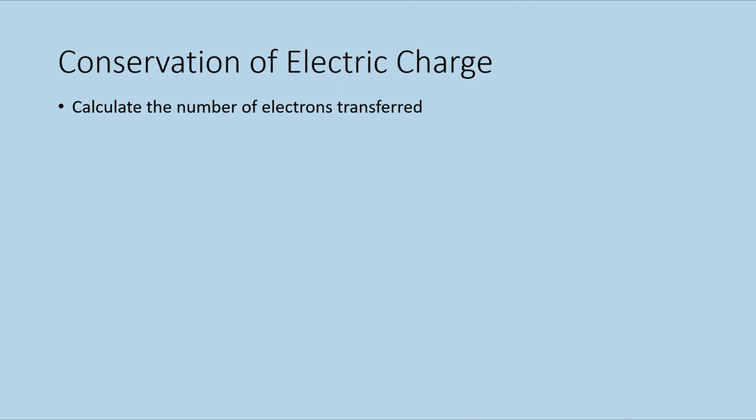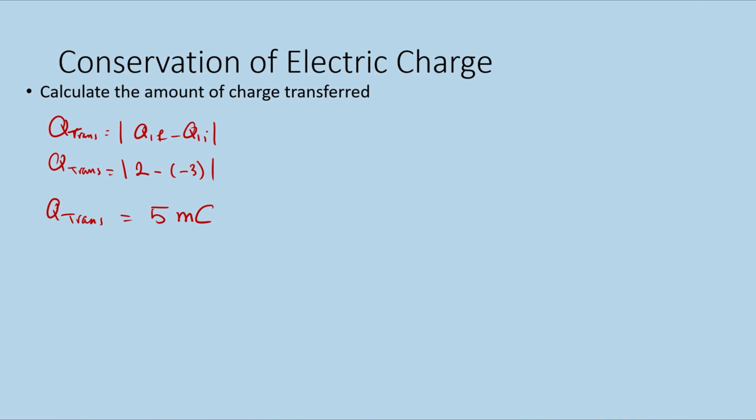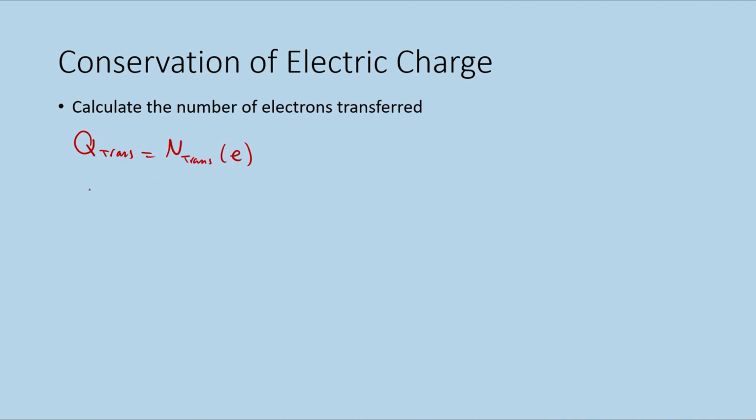Calculate the number of electrons transferred the same way as we did before. Q transferred is equal to the number of transferred electrons multiplied by e, and we use e as a positive value. Remember why? Because when we found Q transferred, we used the absolute value. So it was 5 millicoulombs, which means 5 times 10 to the power of negative 3 is equal to N transferred multiplied by 1.6 times 10 to the power of negative 19.